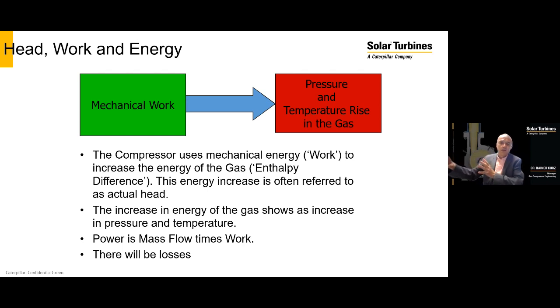The mechanical energy or work is used to increase the energy of the gas, which shows up as an enthalpy difference. Enthalpy is a thermodynamic concept that describes the amount of energy that I feed into the gas, and that's basically the equivalent to the mechanical work that I put into the gas. This increase of energy in the gas shows as an increase in pressure and temperature.